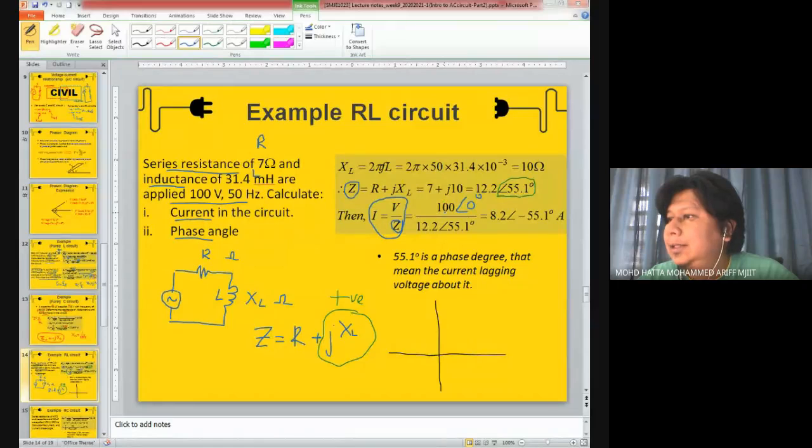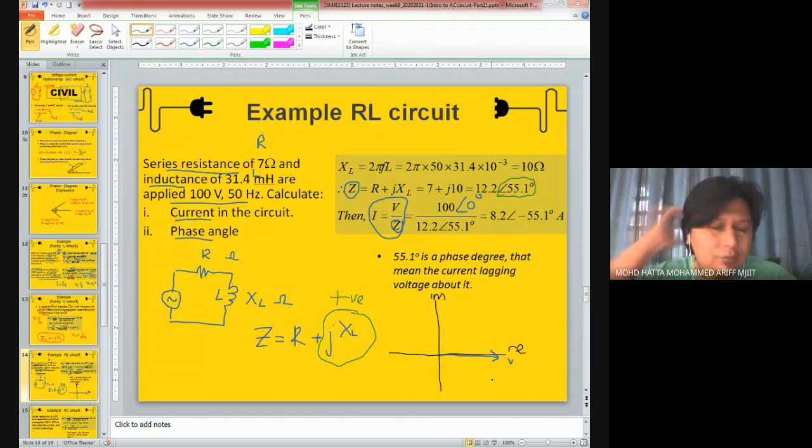Voltage here is 100 with angle of 0. So 100 over here with angle of 0. This is my voltage. And maybe you were wondering what the axis names are. The vertical axis, you can always put as imaginary. This one is the real axis.